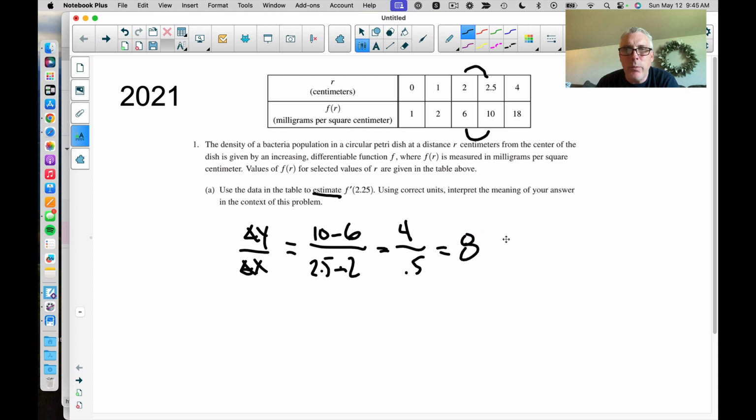And my units would be, this is kind of weird, milligrams per square centimeters per centimeter. It's a rate of change of this rate. And we're per centimeters because this radius is measured in centimeters. Okay, kind of strange. Anyways, that's A.